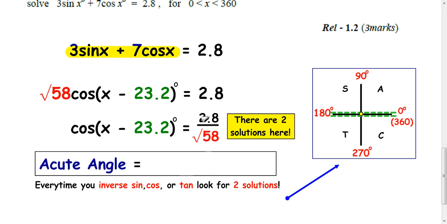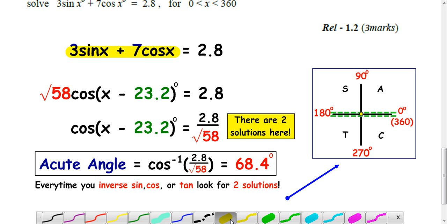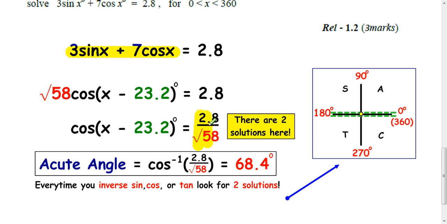We basically want the inverse cos of 2.8 over root 58, and that comes out to be 68.4. The thing that people miss here is that when you inverse cos, there are two solutions. People just inverse cos, give the answer as 68.4, and then add on the 23.2. If you work out your acute angle, you then have to go back and ask, is cos positive or negative here?